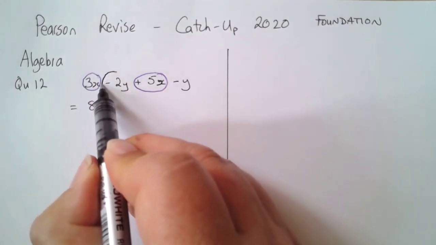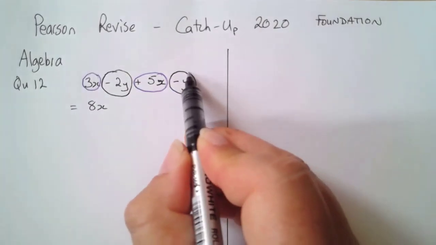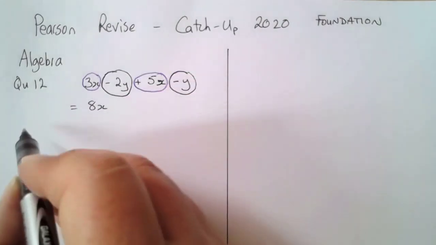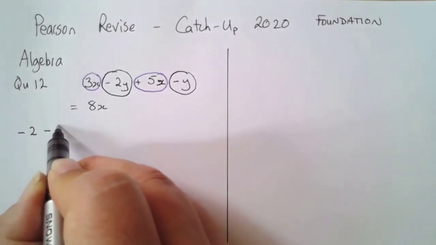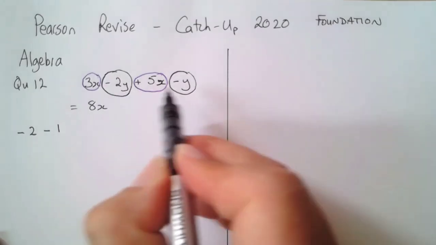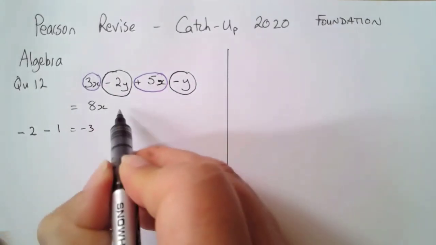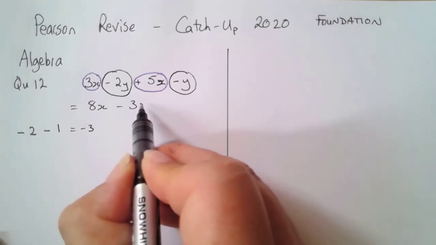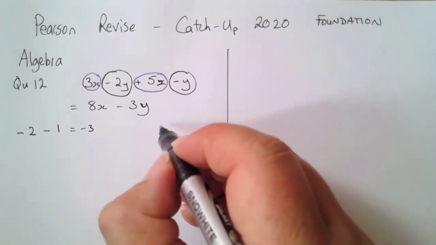We have to keep the negative symbols with these terms here. And what we're doing is we are looking at negative 2y subtract 1y, which gives us negative 3y. And therefore the answer is A.